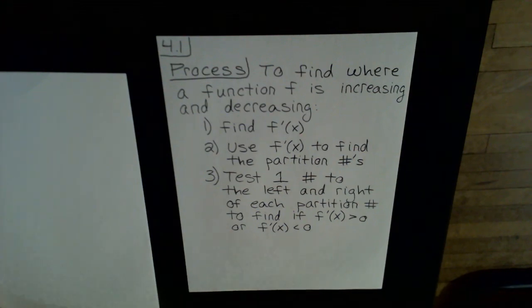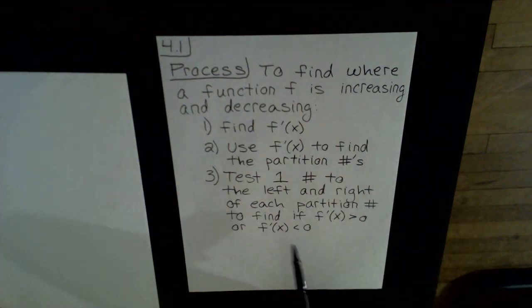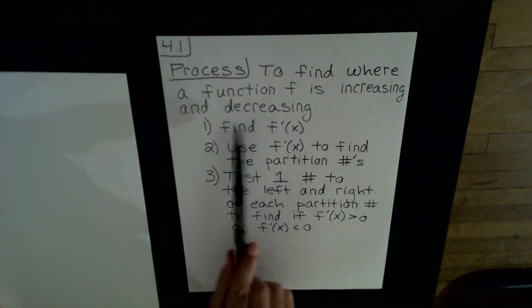And that goes back to the first fact that we introduced. Remember, we said if the first derivative is greater than 0, then that means the function would be increasing on that interval, which is what we're looking for here. And if the first derivative is less than 0, then that would mean the function is decreasing.